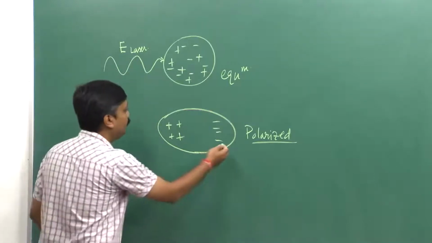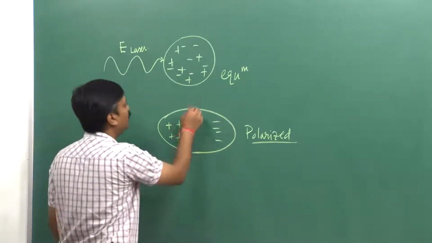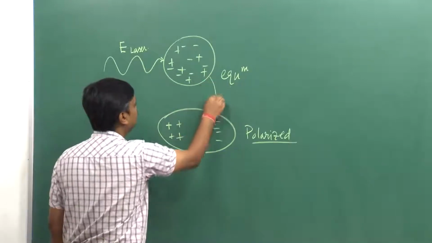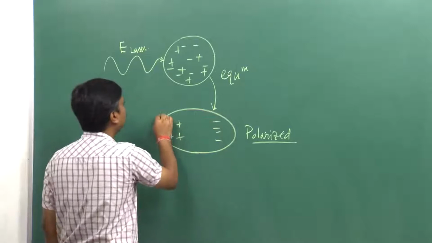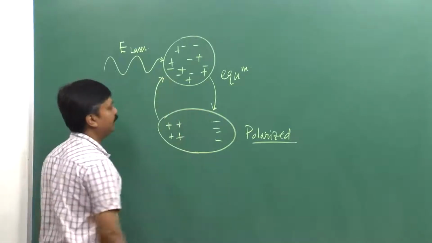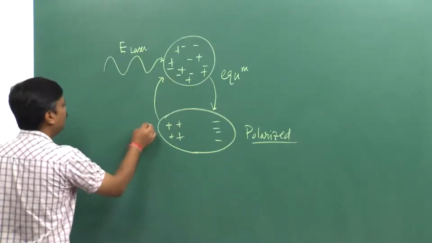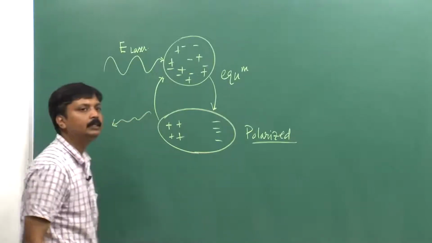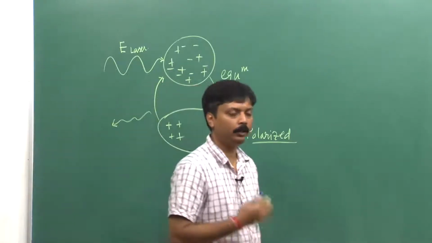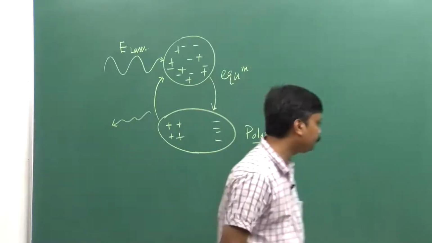It will quickly want to go back. This is the state when the photon is acting, and it would like to go back to the original state. When it goes back, what will happen? It will release the energy in the form of light.